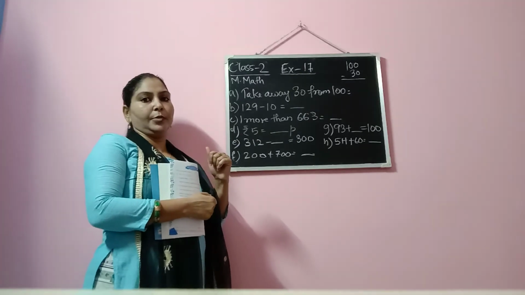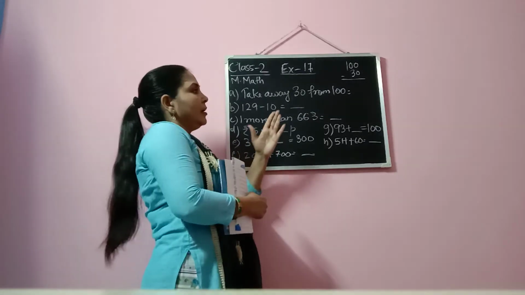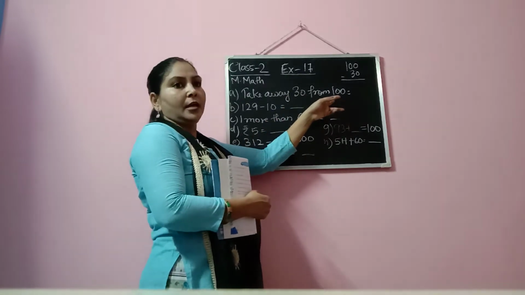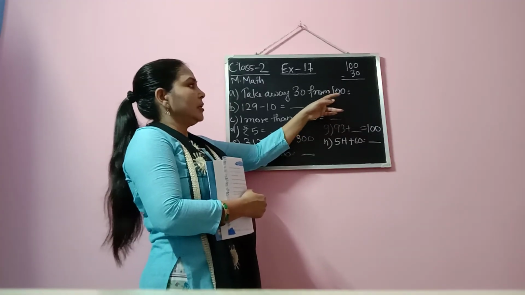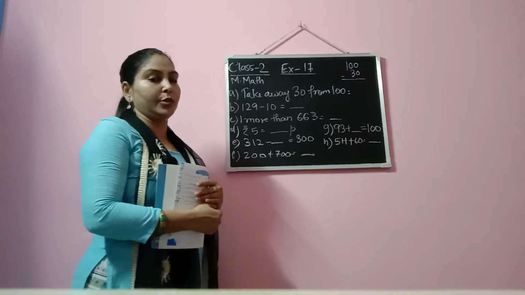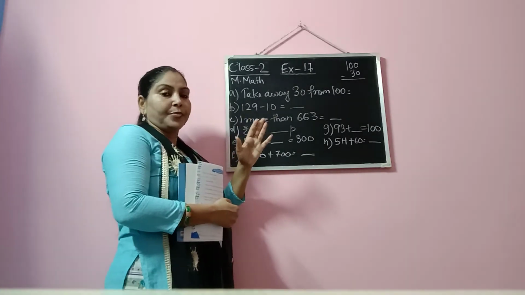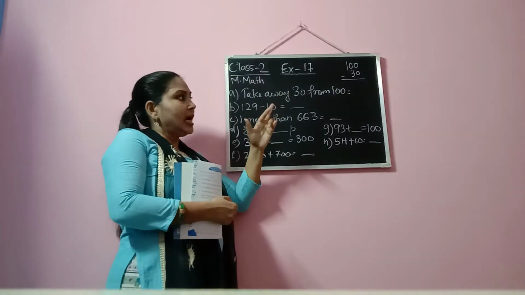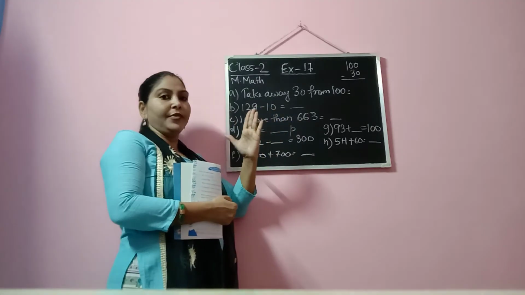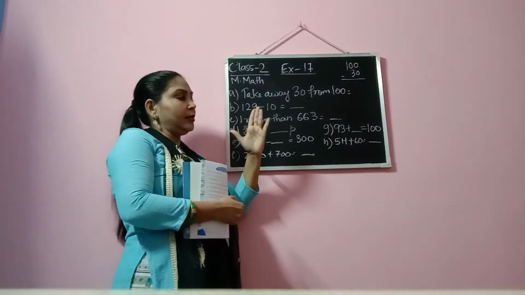From 100 we will count in tens place till we get 30. So this is 100. After that we are going to count 3 times.